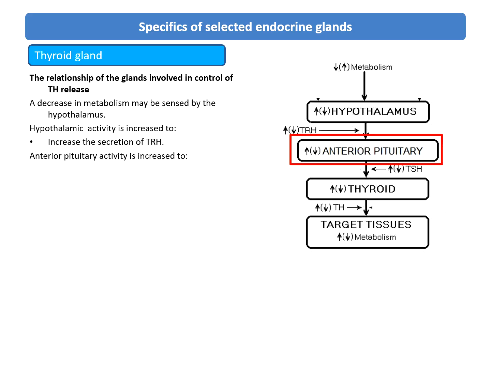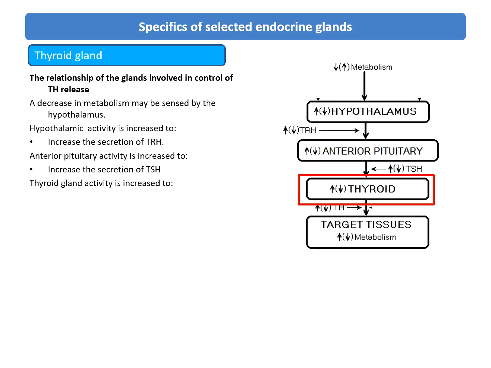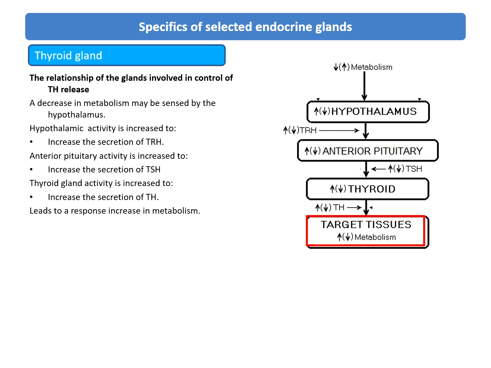That increases anterior pituitary activity, increasing the secretion of TSH. That in turn increases thyroid gland activity to increase the secretion of TH to restore the metabolism level back to normal. If the hypothalamic activity is decreased, of course, the opposite would occur. The opposite condition is shown in parentheses.